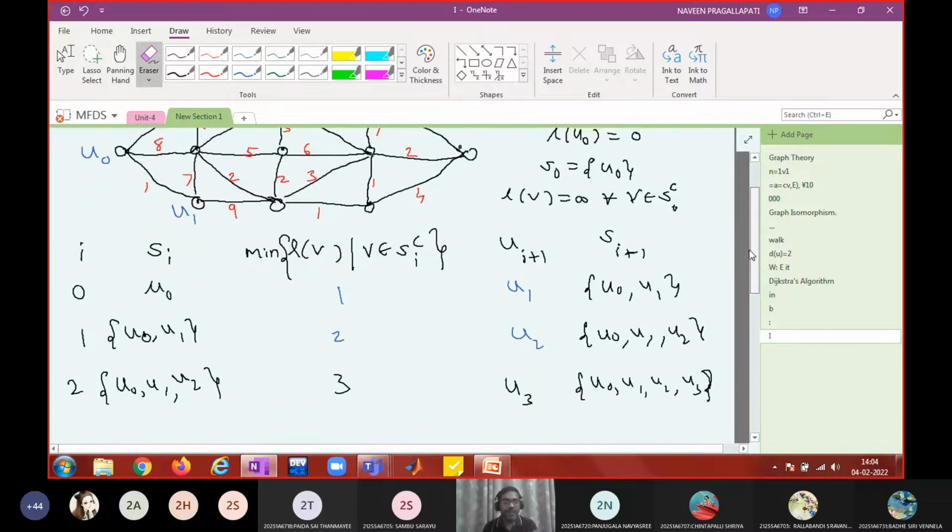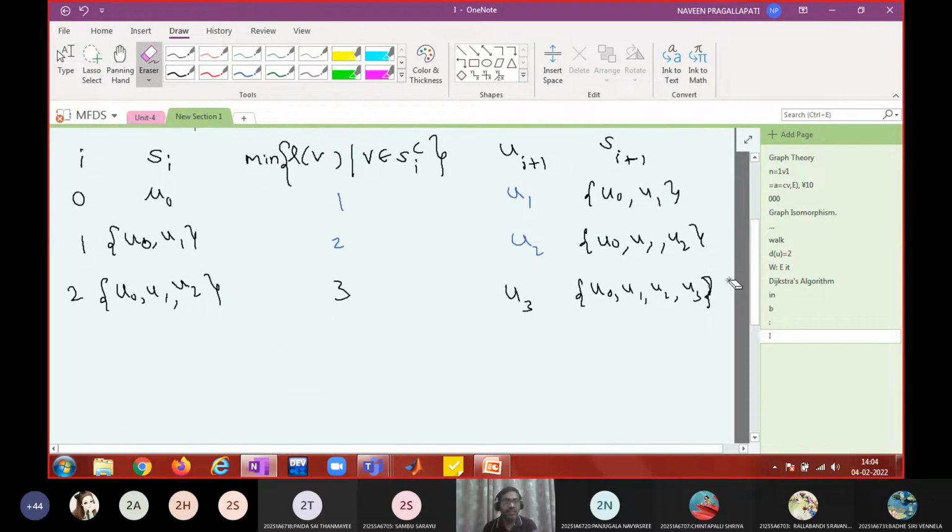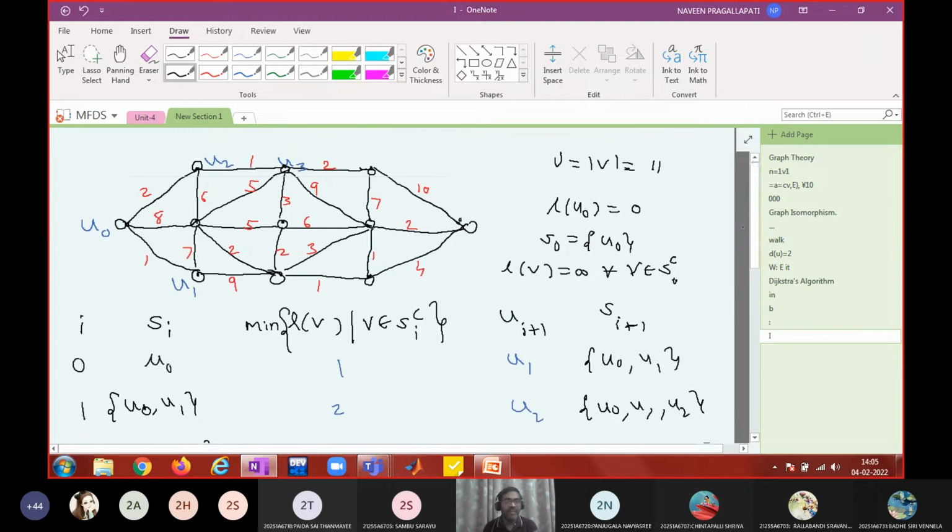So what is the next thing to do? Now the updated set is u0, u1, u2 and u3. We already have 4 vertices. Remaining are 7 vertices. Among these 7 vertices, you identify the vertex which is nearest to the source node.